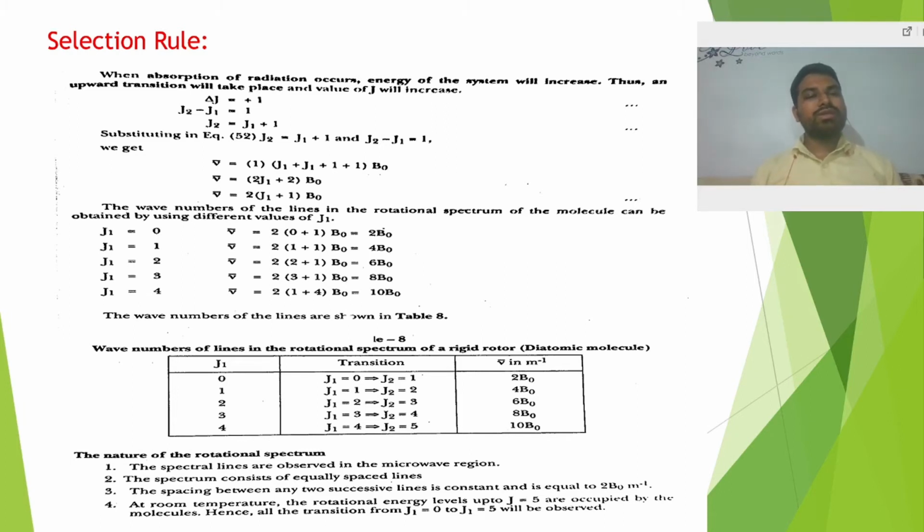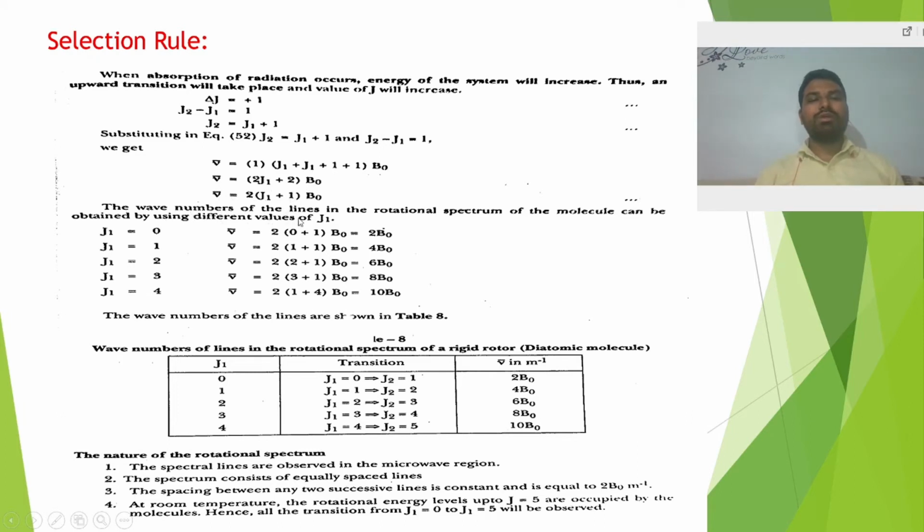Substituting in the equation, J2 is equal to J1 plus 1 and J2 minus J1 will be 1. We get nu bar is equal to 1 times J1 plus J1 plus 1 plus 1, B0, that is 2J1 plus 2, B0. Nu bar will be 2(J1 plus 1) B0.